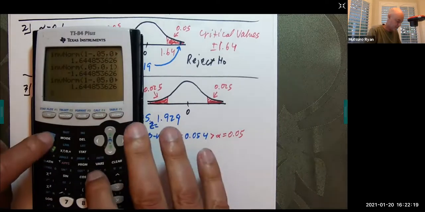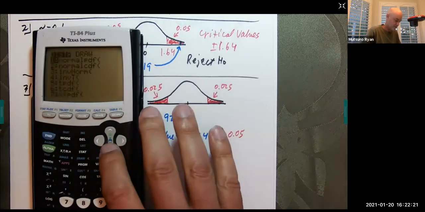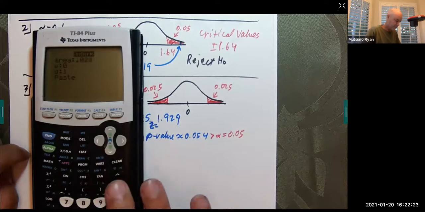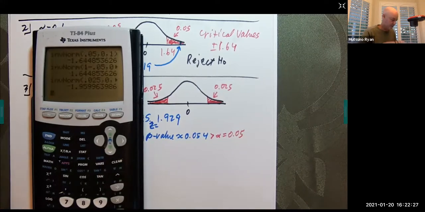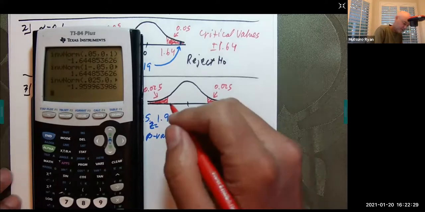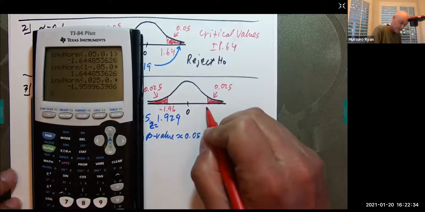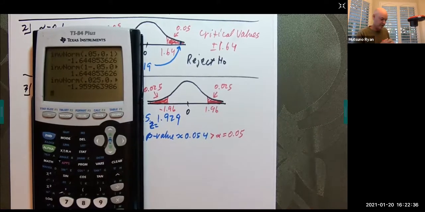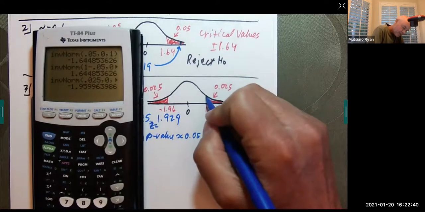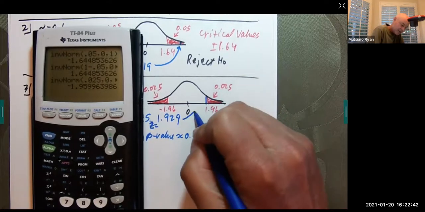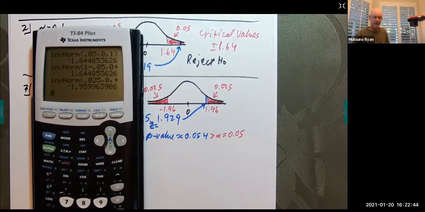Inverse norm 0.025. And so we're not here all day, negative 1.96 and 1.96 are our critical values, and our test statistic is barely right there, just outside of the critical region.